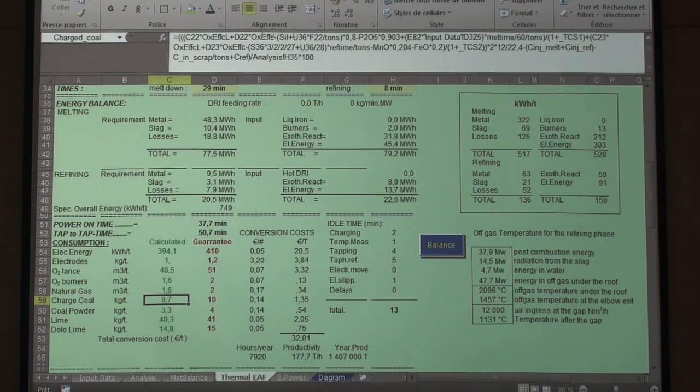So that means that I calculate the oxygen I have available, and I deduct from this oxygen what will be, let's say, absorbed by the other elements. And because I have a different behavior between melting and refining, I have two parts in the equation here.